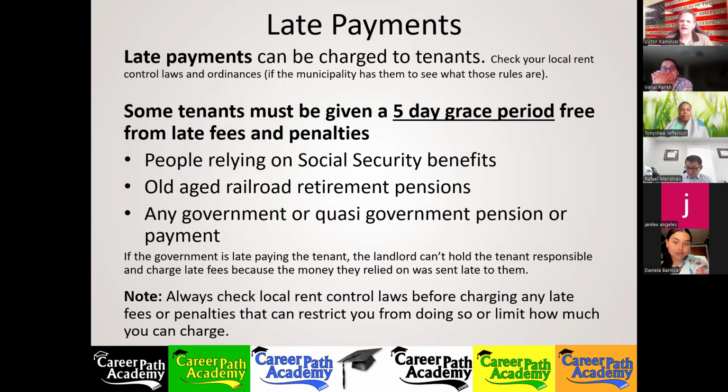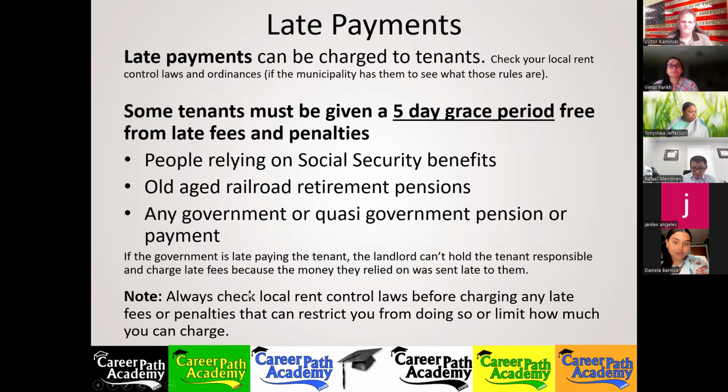If the government is late sending the payment, they cannot hold the tenant responsible for being late, because they're relying on that payment from the government.